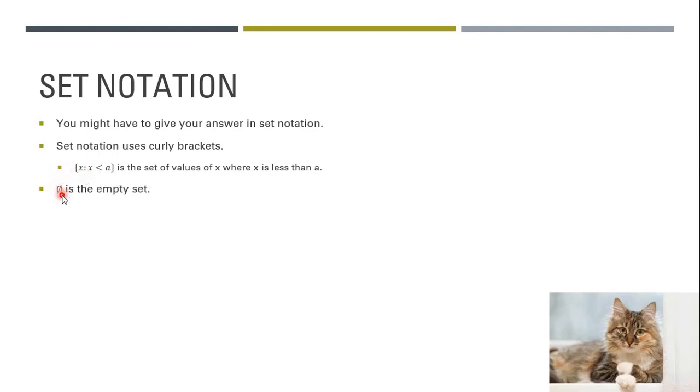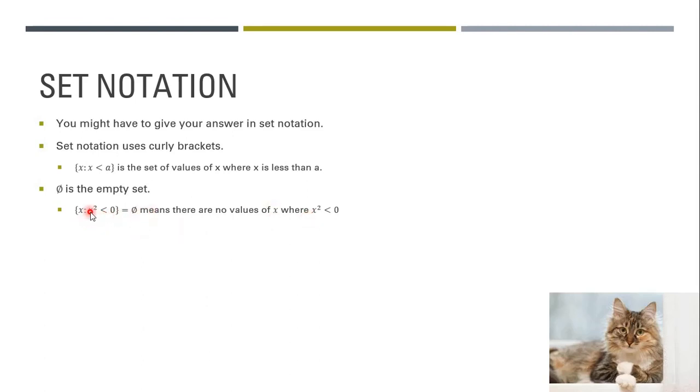This symbol here, I can't remember what it's actually called, but it's an empty set. So if I was to write this, that would mean there are no values of x where x squared is less than 0, which we know to be true because you can't square root a negative.